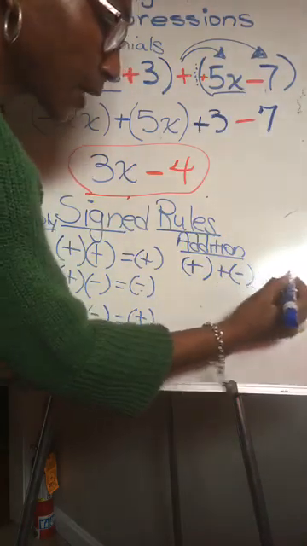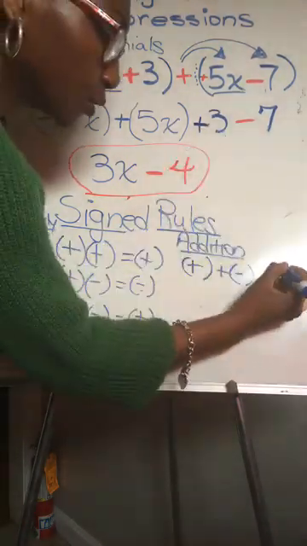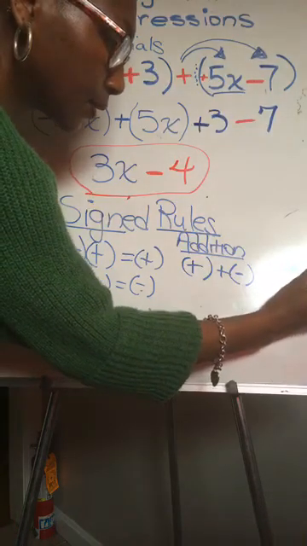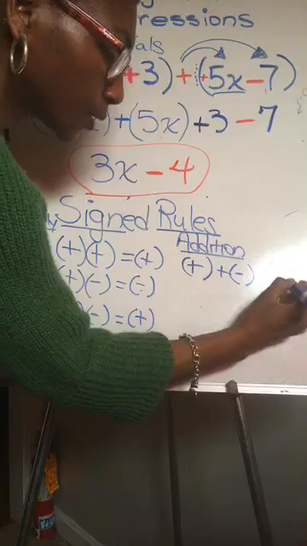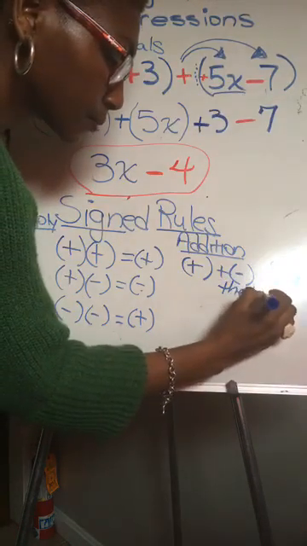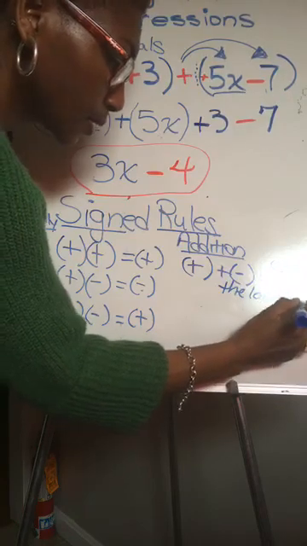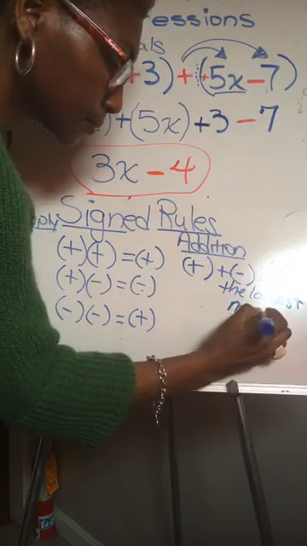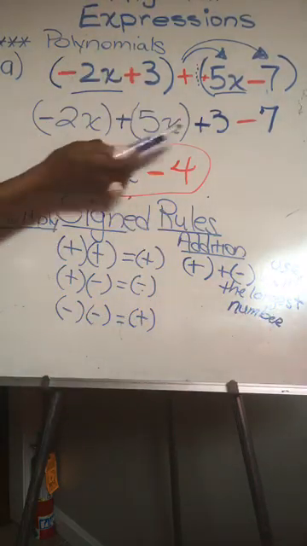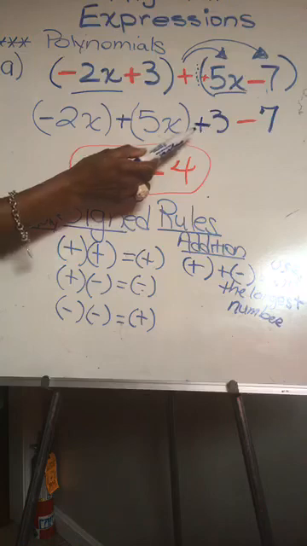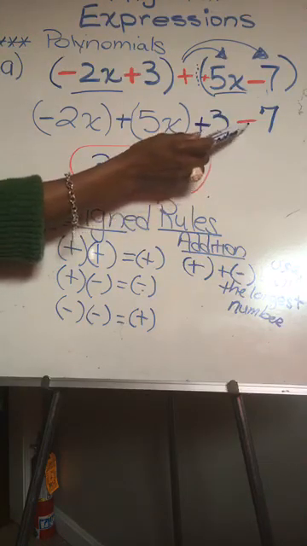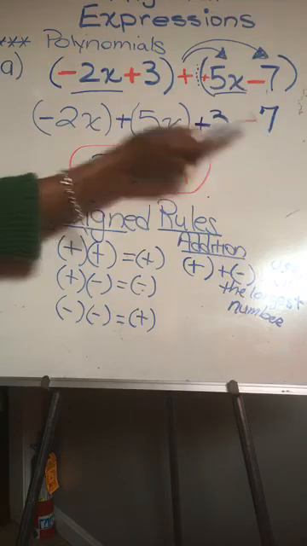So this right here determines which sign you use, the sign with the largest number. So if you remember this, when you see unlike signs, you have to subtract the two and then take the sign that goes with the largest number.